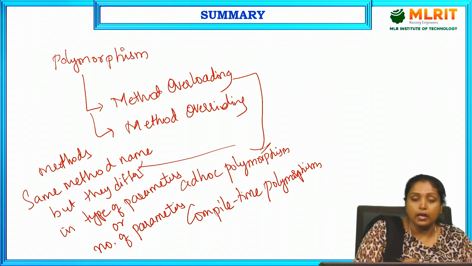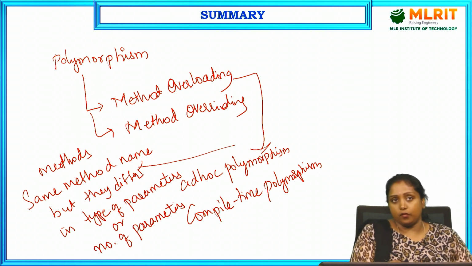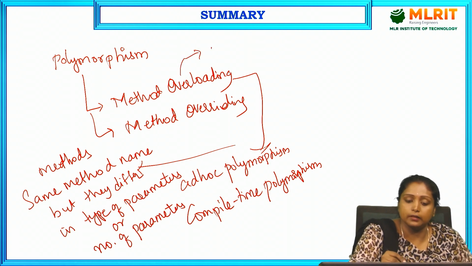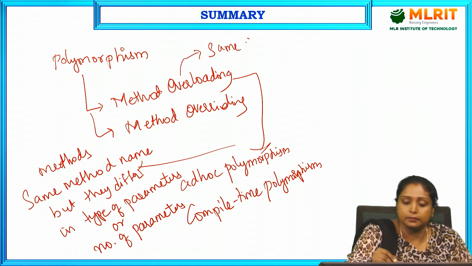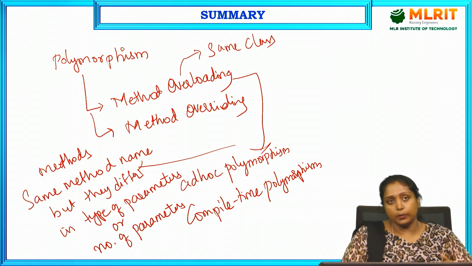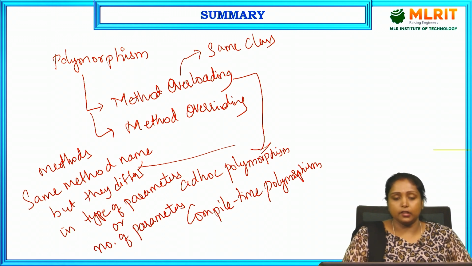And method overloading should be in the same class. In one class only, if you are defining n number of methods, then it is known as method overloading. This is what we have seen and learned in this class.